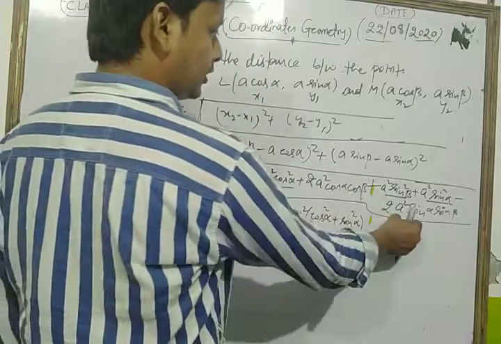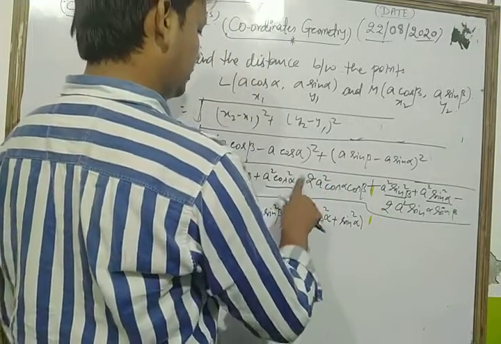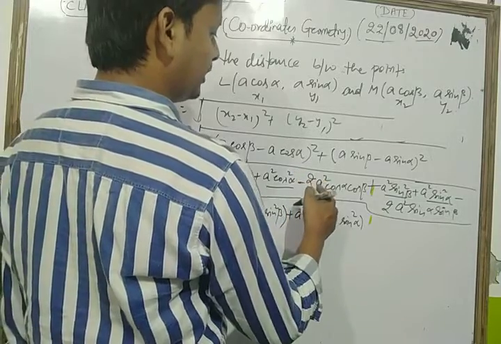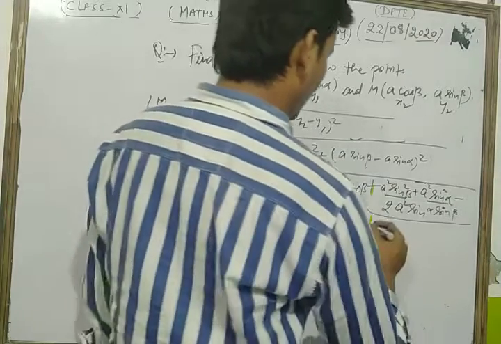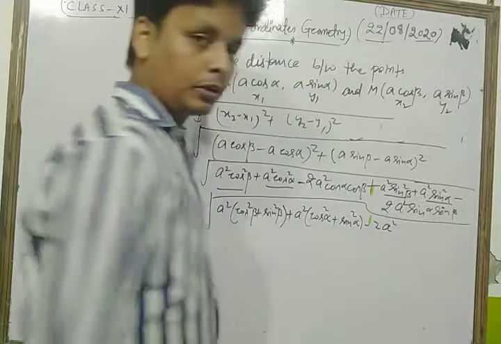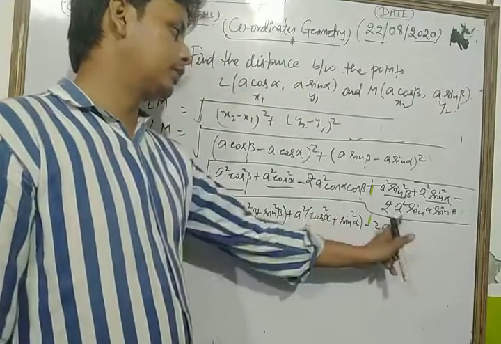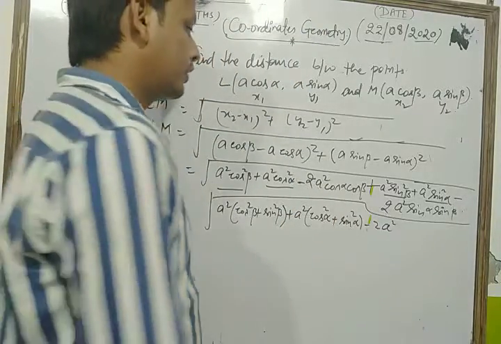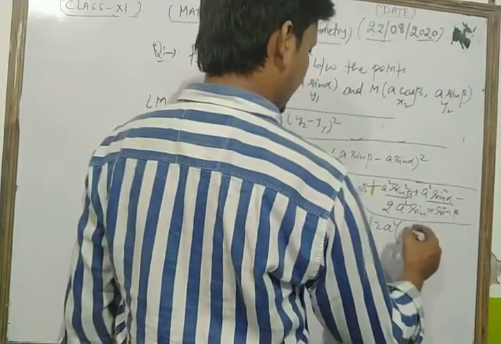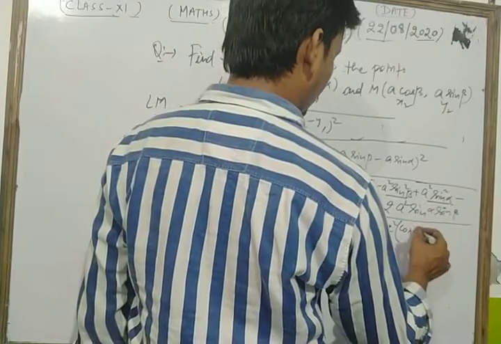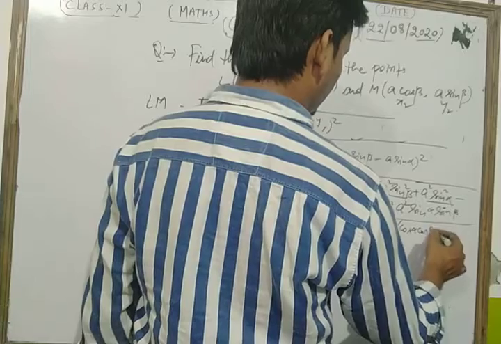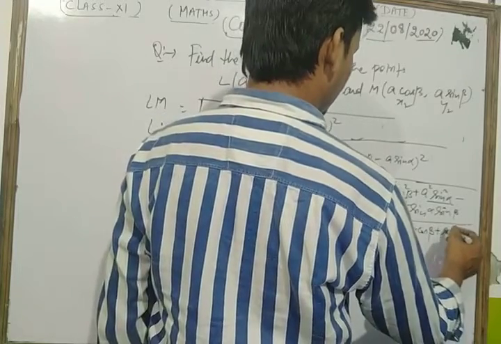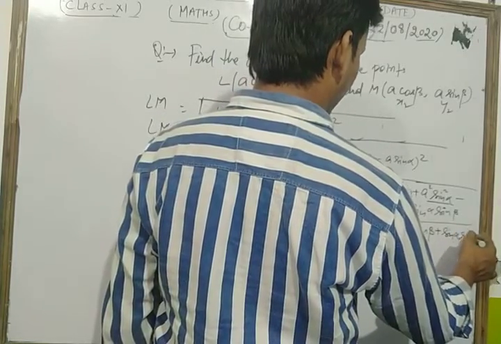In the other terms we take minus 2A square as common, so we get minus 2A square (cos alpha cos beta plus sin alpha sin beta).